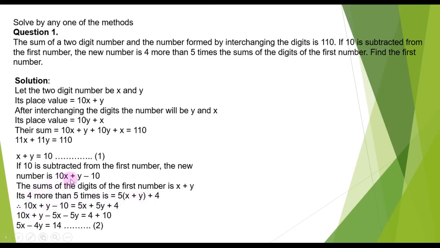So 10x plus y minus 10 equal to 5x plus 5y plus 4. Move this 5x, 5y to the left side and move this number minus 10 to the right side. So 10x minus 5x, then plus y minus 5y equal to 4 plus 10. So 5x minus 4y equal to 14.